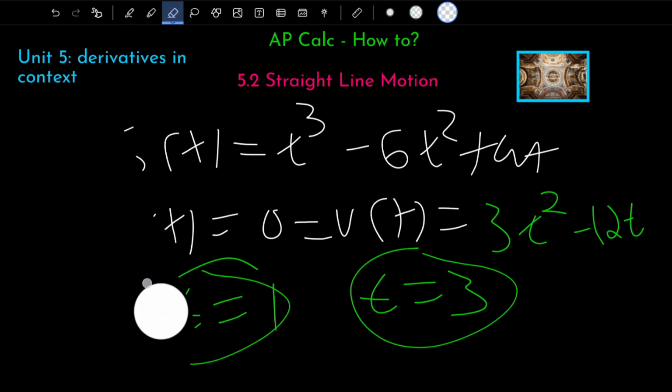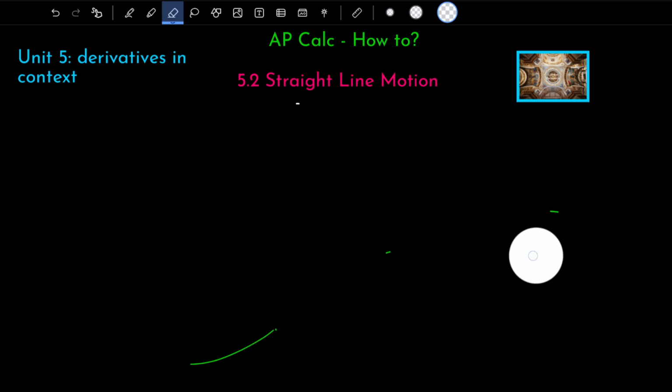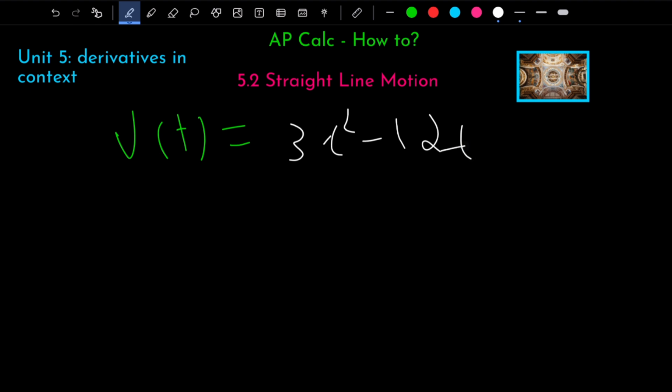Example number 2. Given v of t equals 3t squared minus 12t, determine when the object moves left or right.